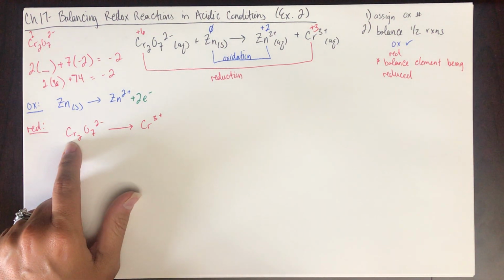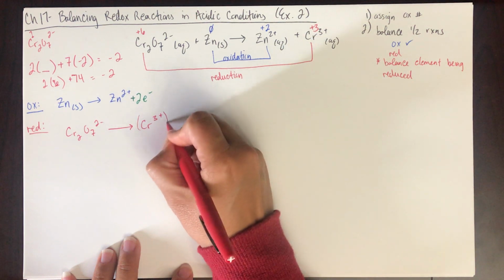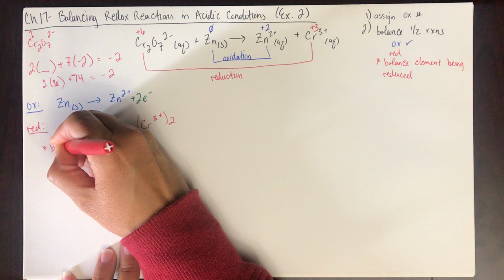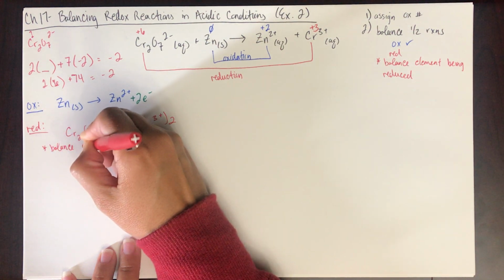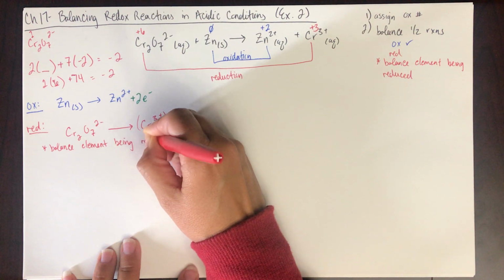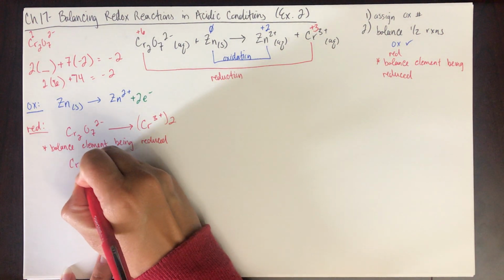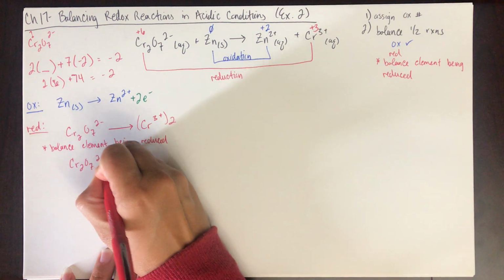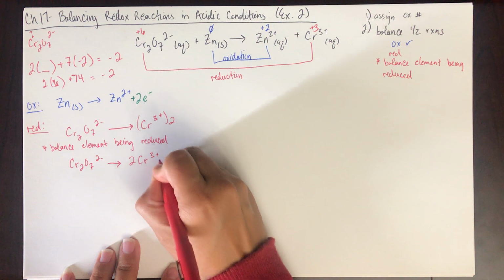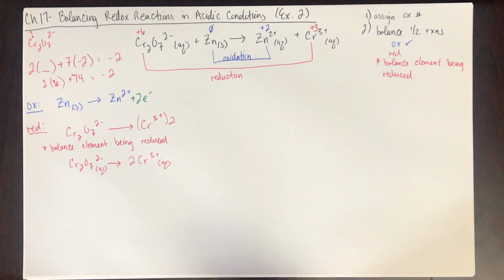So I need to multiply this whole side by 2. So I balanced the element being reduced. Here's the dichromate ion, and now I have 2 chromium 3 plus. These are both aqueous. So that's the first thing to do.